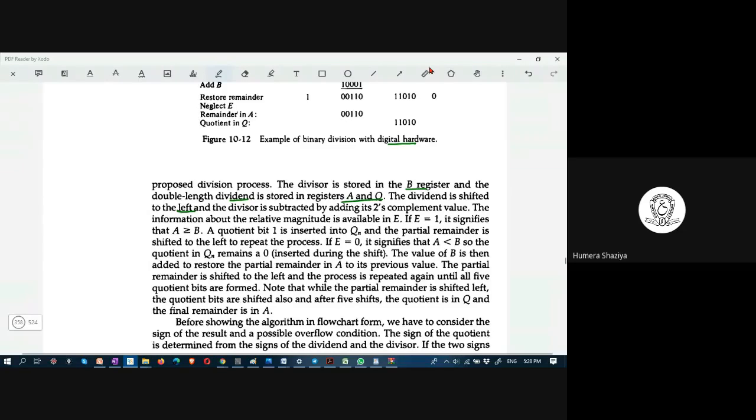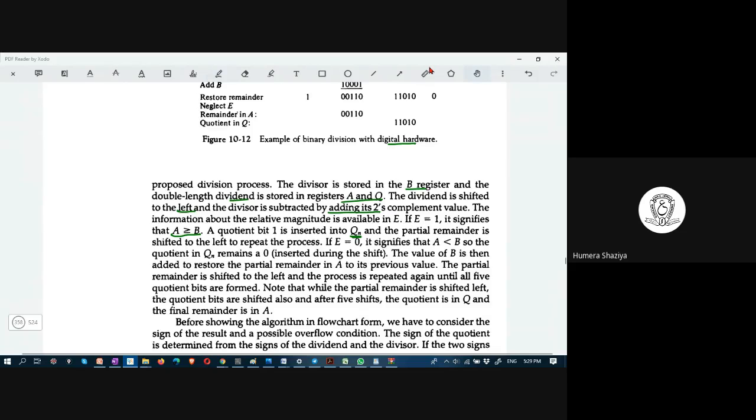Divisor is subtracted by adding 2's complement value. The information about the relative magnitude is available in E. What is E? If E equals 1, it signifies that A is greater than B, and quotient bit 1 is inserted into Qn.